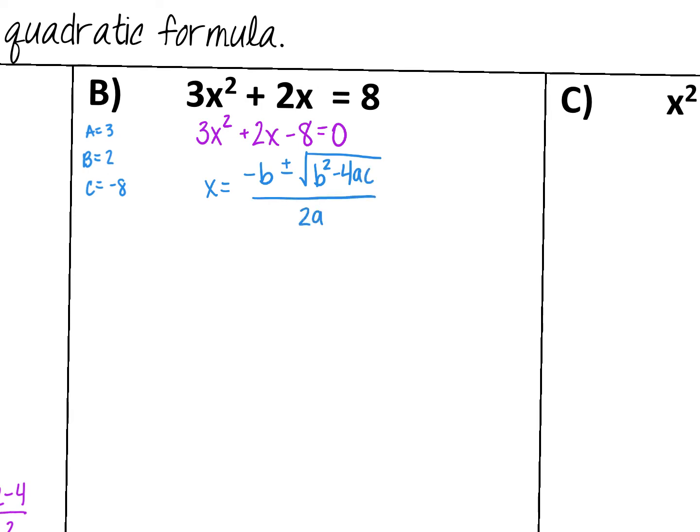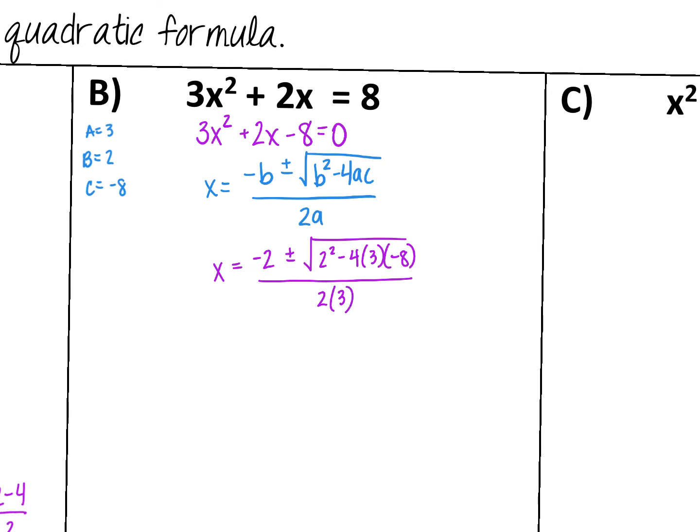Now I'm ready to just plug and chug. So x equals the opposite of b. So negative 2 plus or minus square root of 2 squared minus 4 times 3 times negative 8 all over 2 times a, where a is 3.